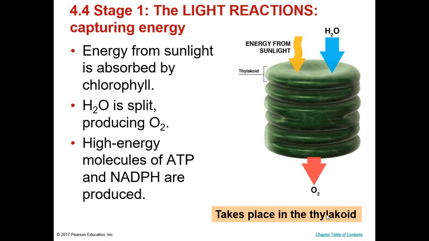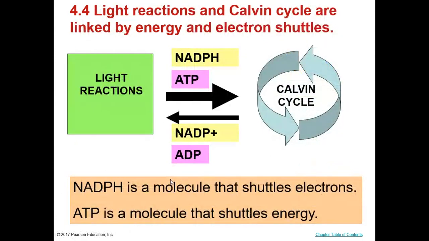It's water plus ADP. So again, ADP, adenosine diphosphate. And then NADP plus would be the precursor to making NADPH. All right, so you have water, ADP, and NADP plus, yielding ATP and NADPH from the light reactions.